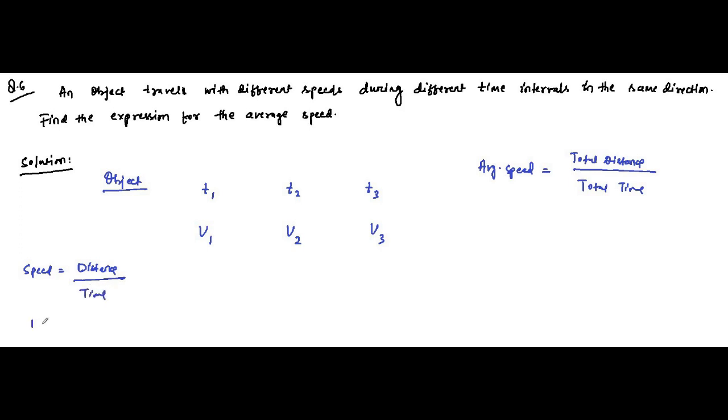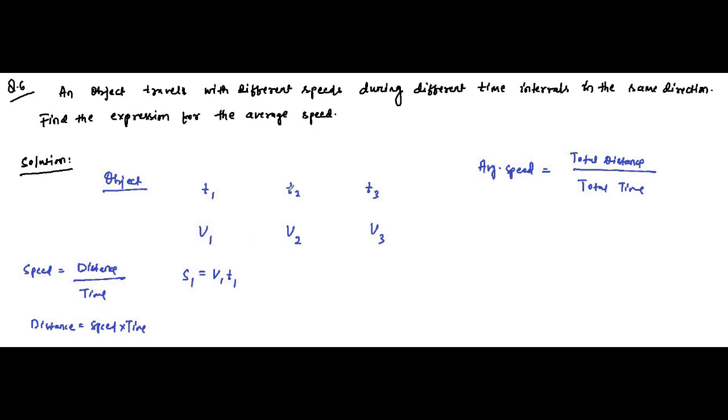So we can say distance is equal to speed into time. So in these t1 seconds, the object traveling with speed v1 covers a distance of v1 t1.